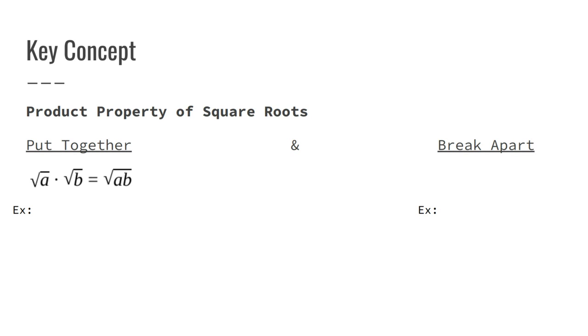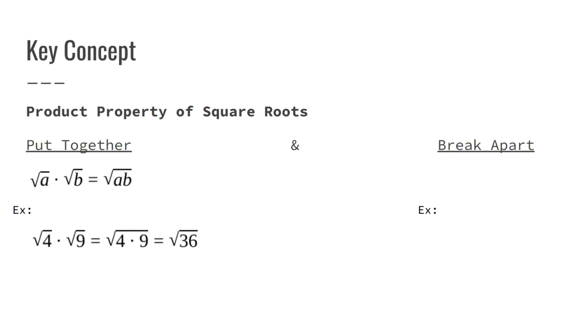So to put them together, you may have the square root of a number times the square root of another number, and it's just those two numbers multiplied together under the square root. An example of this would be the square root of 4 times the square root of 9, which would equal the square root of 4 times 9, and 4 times 9 is 36, so you would get the square root of 36.